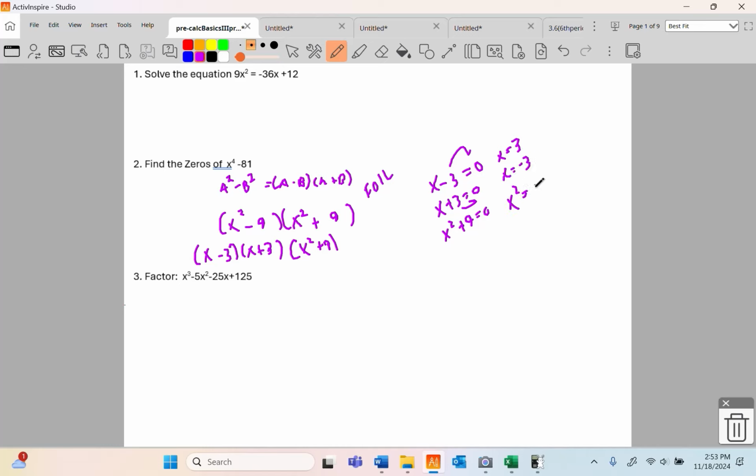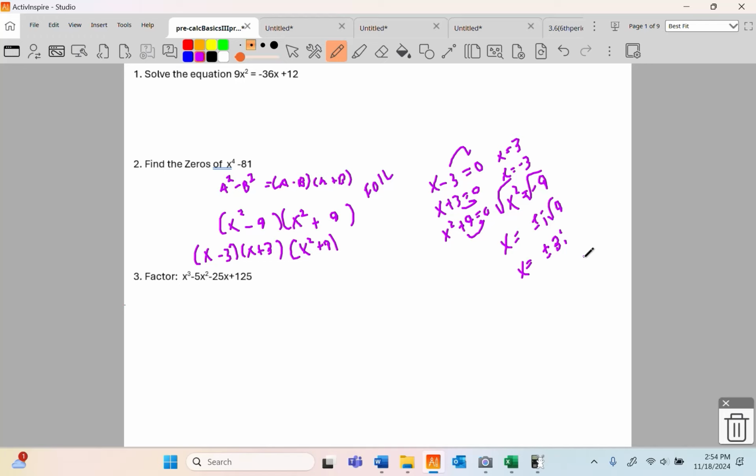This one, you have to do a tiny bit of work. x squared is negative 9 by jumping over. I know it's imaginary. It's plus or minus the imaginary root of 9, and I know that the real root of 9 is 3, so plus or minus 3i. 4 zeros, 4 zeros.